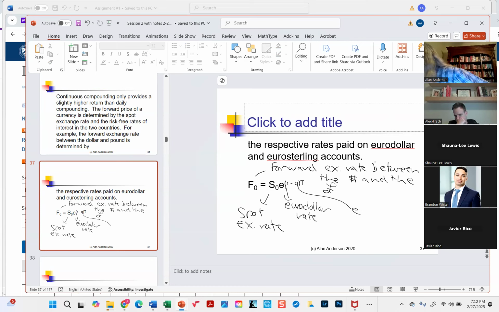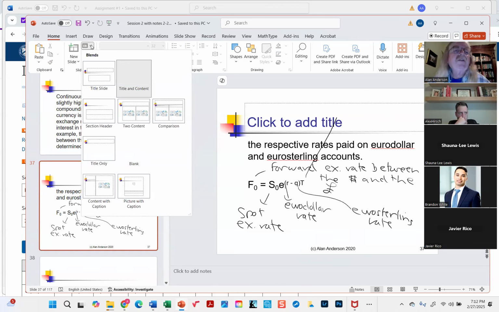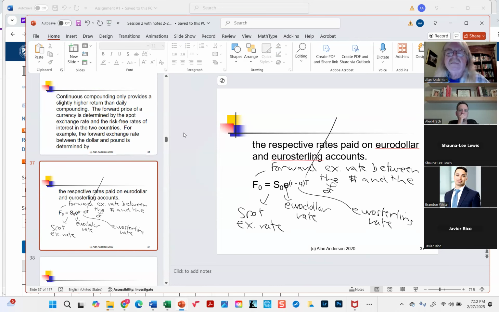Q would be the eurosterling rate. And of course, T is the maturity of the contract, so it could be, for example, 6 months. And that's how it's calculated.